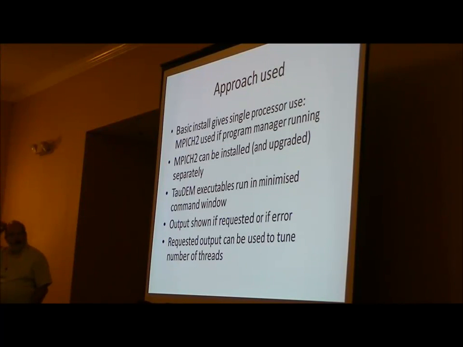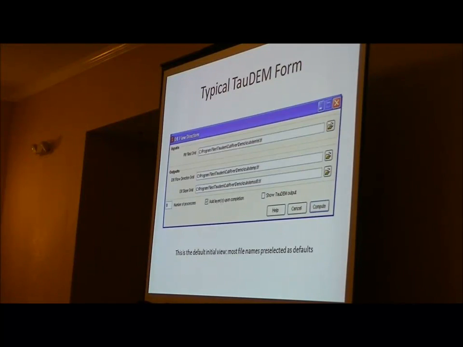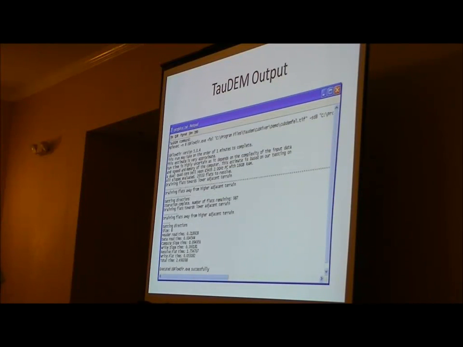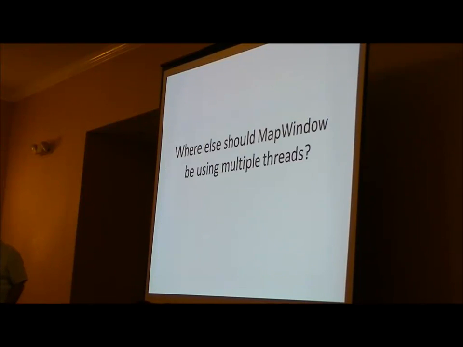The output is optional. It will always show the output from TauDEM if there's an error, but otherwise you never see it, unless you want to do some tuning. The output gives you some numbers, and this is the typical output from TauDEM. So if you want to find out how many processes it's worth running with, you can do it.